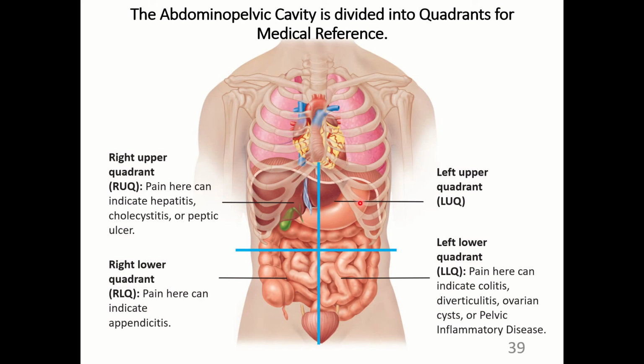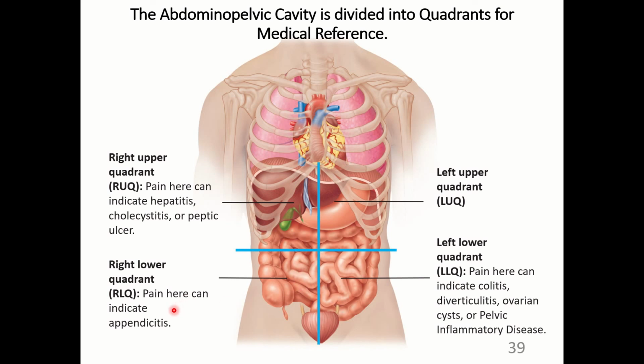The left upper quadrant contains part of the liver as well as a majority of the stomach. We'll have the spleen, pancreas, and part of the colon and small intestines. The right lower quadrant includes the appendix as well as some parts of the ascending colon, and we have small intestines.